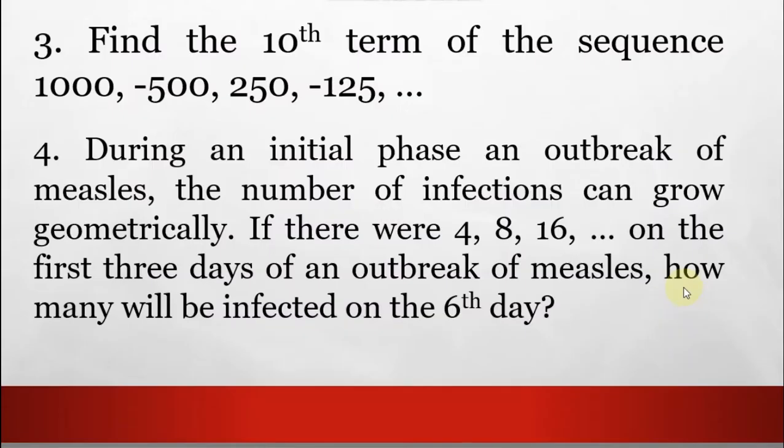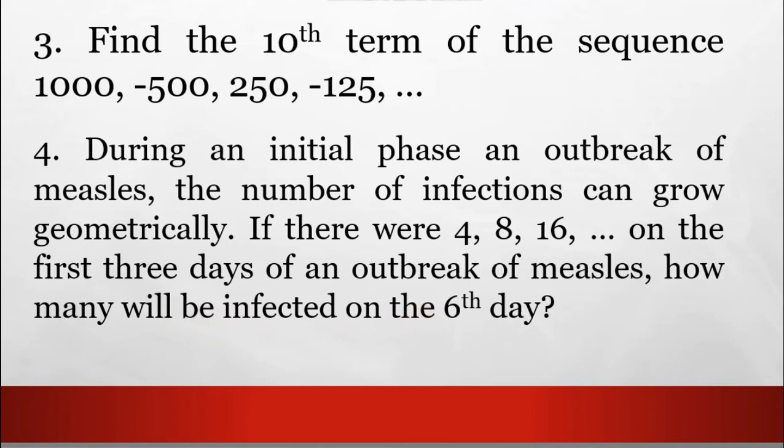How about if we have a word problem? So how are we going to do it? So let's have this example. During an initial phase, an outbreak of measles, the number of infections can grow geometrically. If there were 4, 8, 16, and so on the first 3 days of an outbreak of measles, how many will be infected on the 6th day?